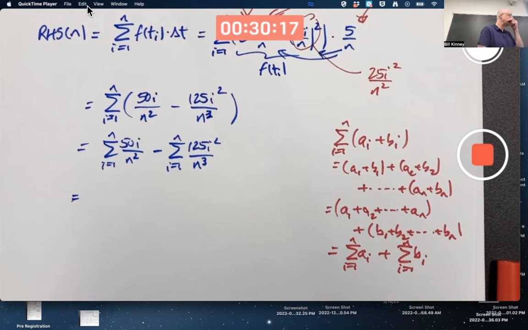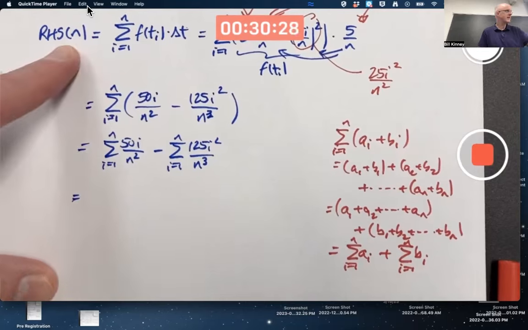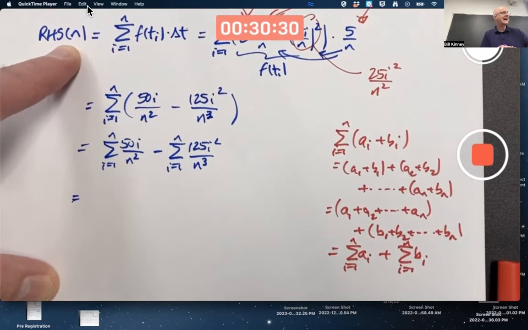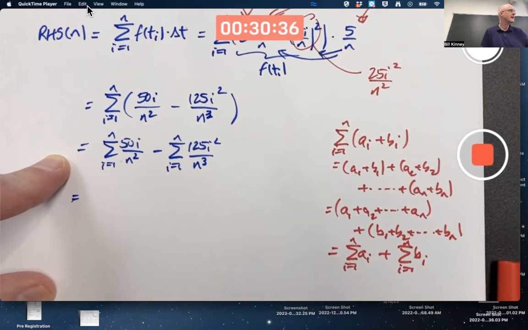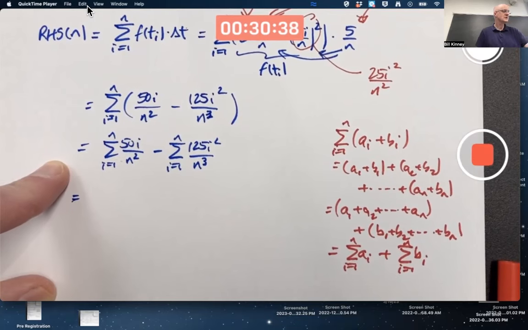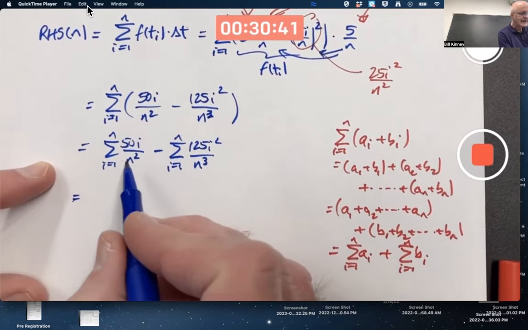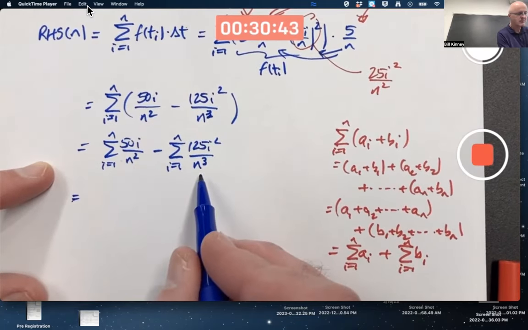So with respect to the summations, I can factor out any constants like 50 or 125. I can also factor out any factors of n. In the end, n is going to be a variable that I let go to infinity. But as I do the calculation here, n is fixed. Some fixed positive integer like 17 or something. So any factor that involves n, like this division by n squared or n cubed, can be factored out.